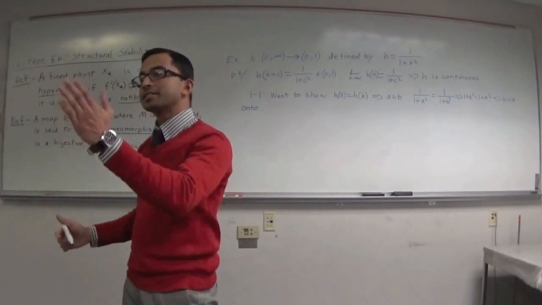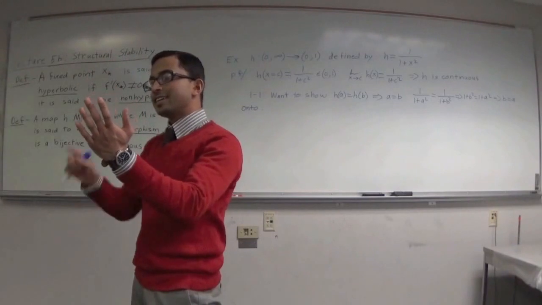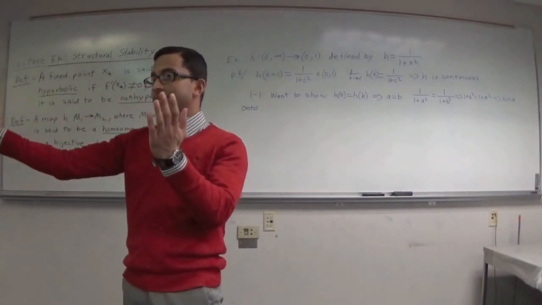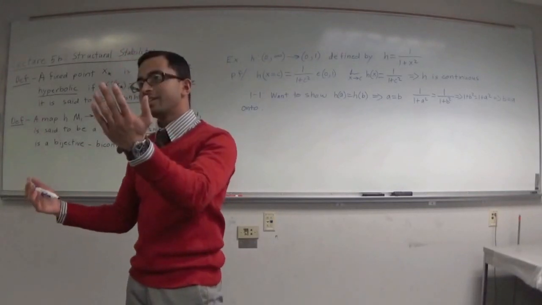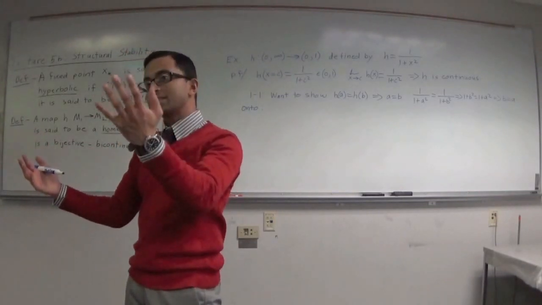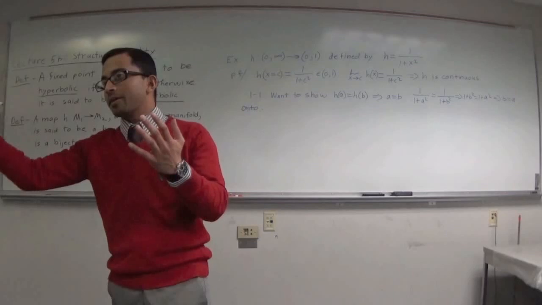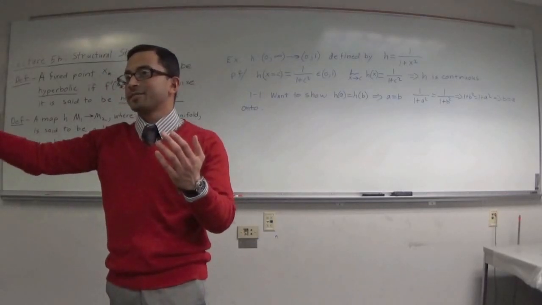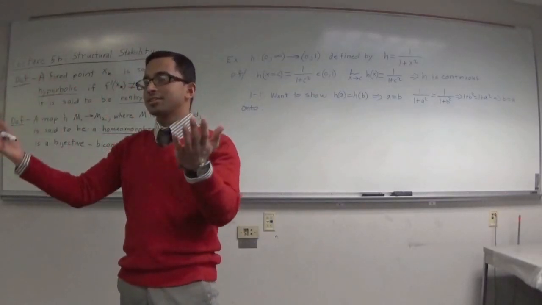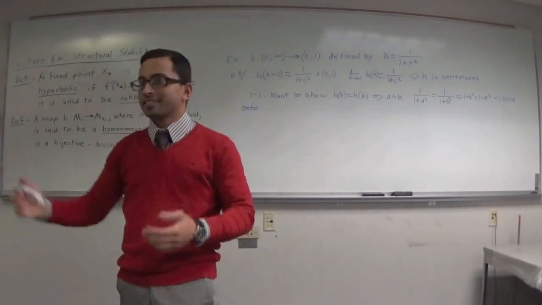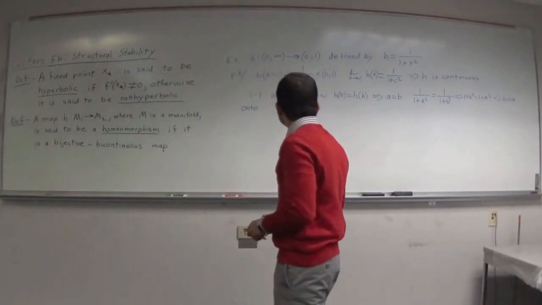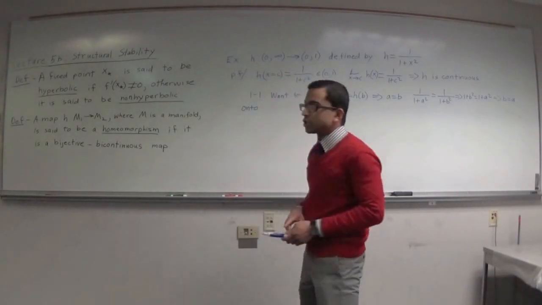So 1 to 1 is basically every point on this set is being mapped to some points on this set. And onto means that some points on this set map to every point on this set. Okay. And then 1 to 1 and onto means that every point on this set maps to every point on this set. So that's the idea. So how do we want to show onto then?